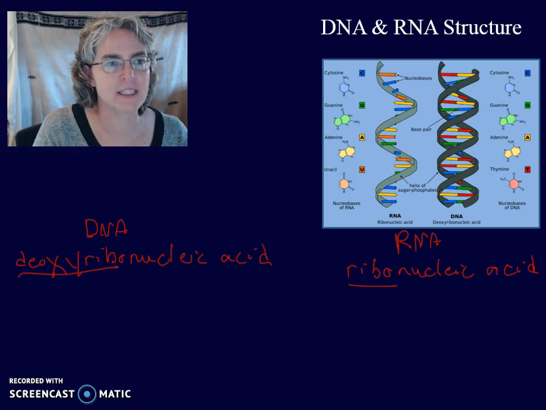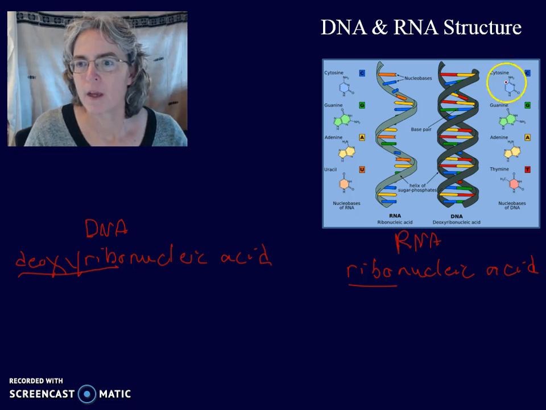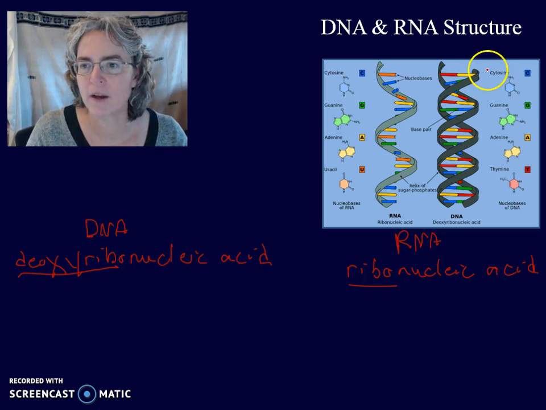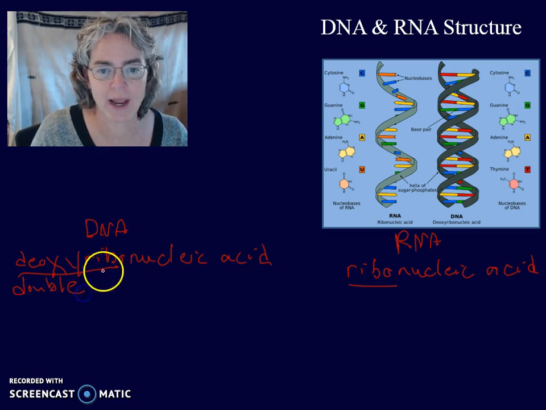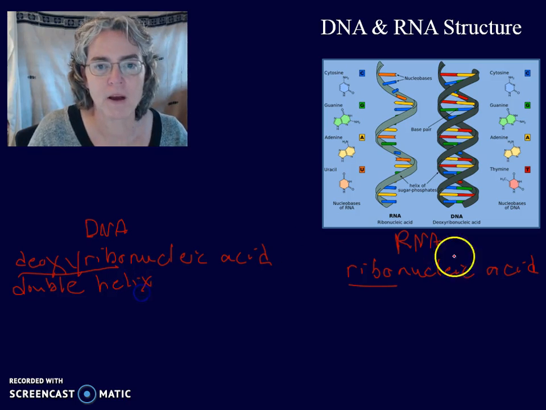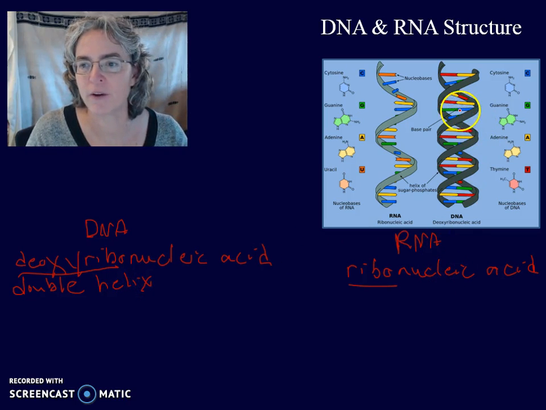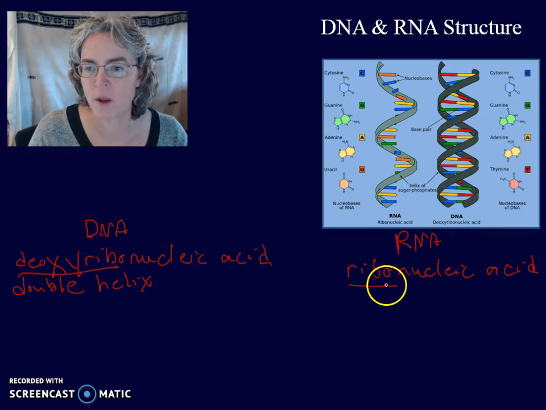So what else is different? We can see from this picture that DNA is a double helix. So we've got two strands of nucleic acids bonded together with hydrogen bonds.